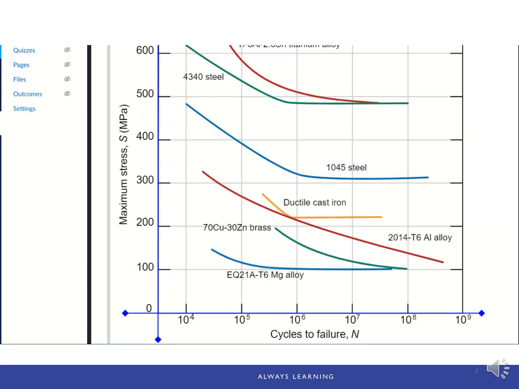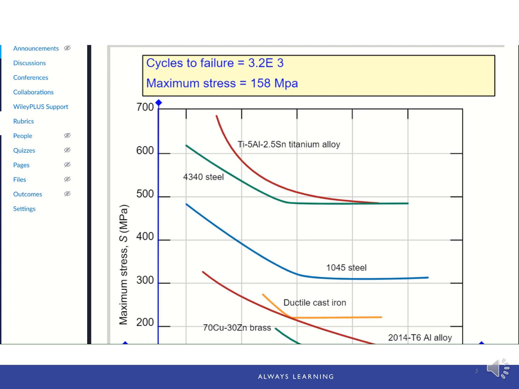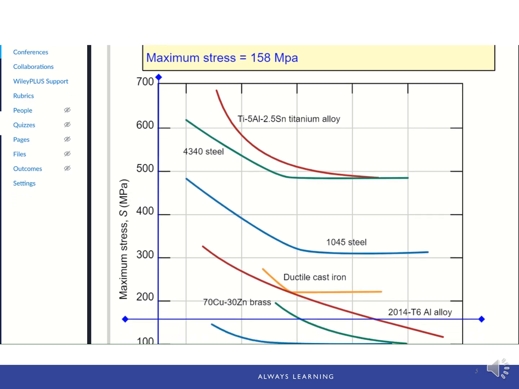Now refer to this S-N curve. We move this horizontal bar up to 166 megapascal. The number will show on the top. Let me just move a little bit so you can see it.